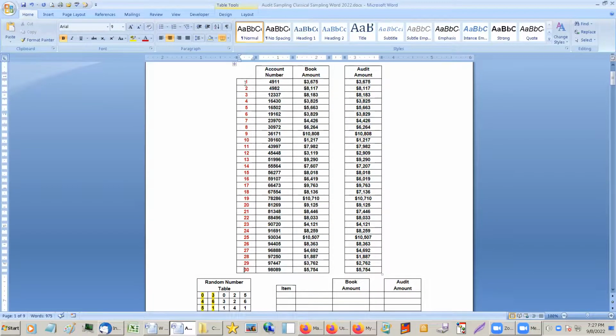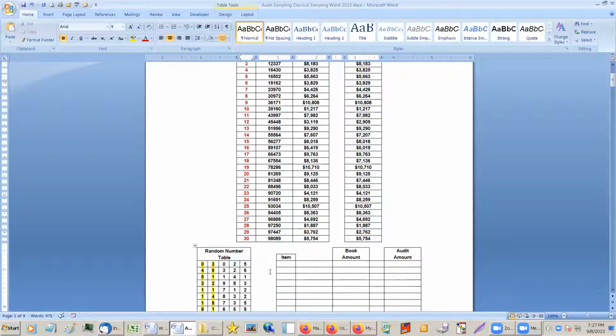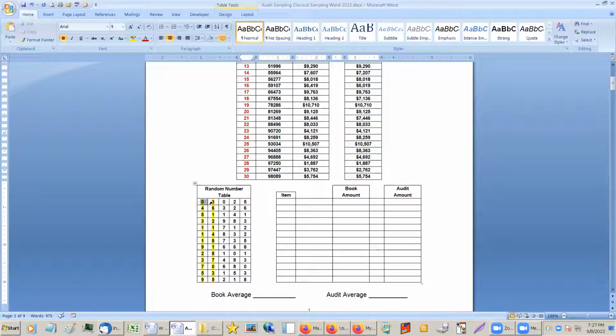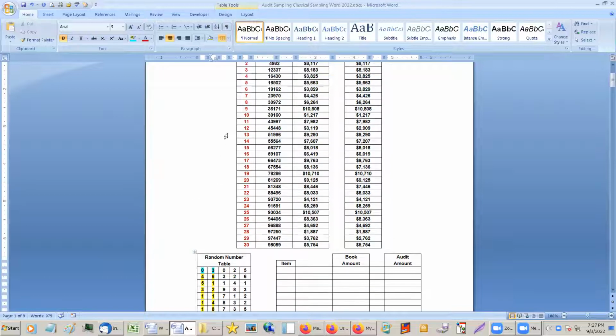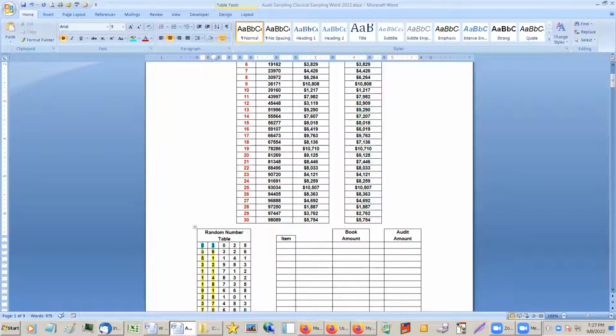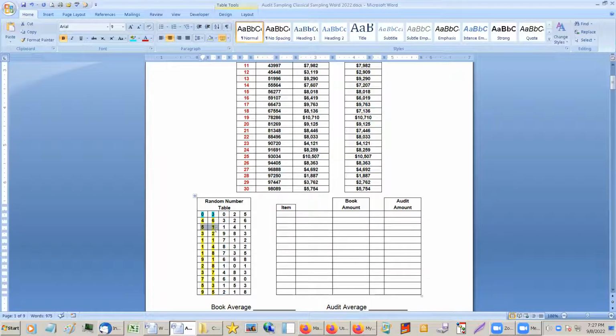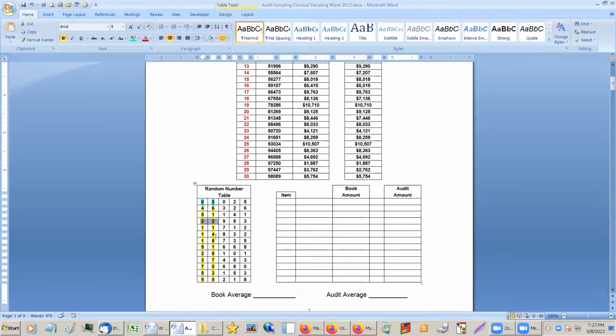Okay, so we're looking for items between 1 and 30. So as you go down the first two columns here, this first one will work. So 03 means we'll pick the first that's between 1 and 30. 46 is too big. 51 is too big, and 32 is too big. 11 is between 1 and 30. 14 is.